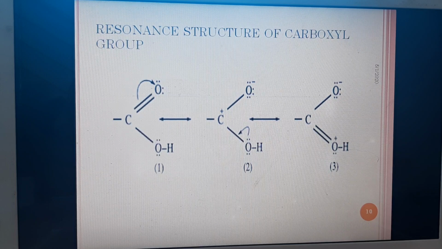That's what we discussed earlier. That means the electrophilic nature of carboxylic carbon is lesser than that of carbonyl carbon, because there is no positive charge on carbon in the third structure. So due to the resonance structure of the carboxylic group, the electrophilic nature of carboxyl carbon is lesser than that of carbonyl carbon.